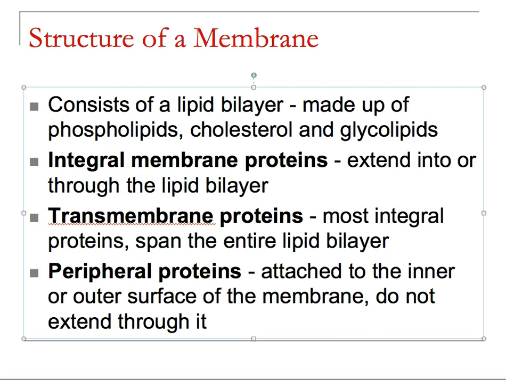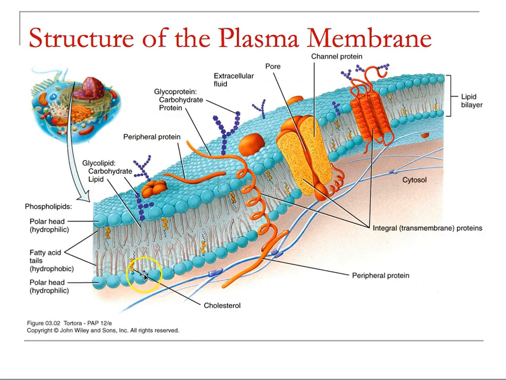Okay? To see this, take a look at this cartoon here. Let's start with peripheral protein. That's down here. It's not even actually in the membrane itself. There isn't a better example on here, unless I took something and stuck it inside the membrane. Okay, but let's take a look at the blue structures.